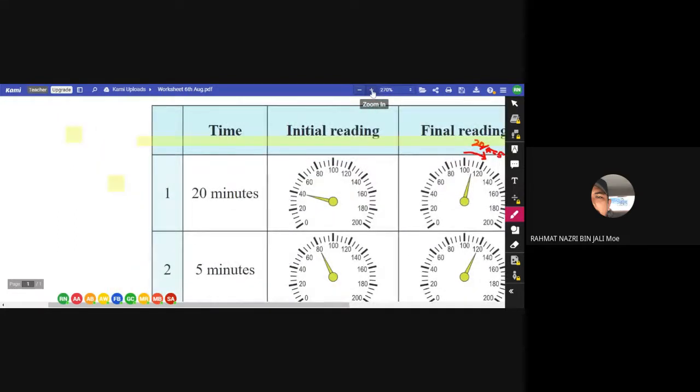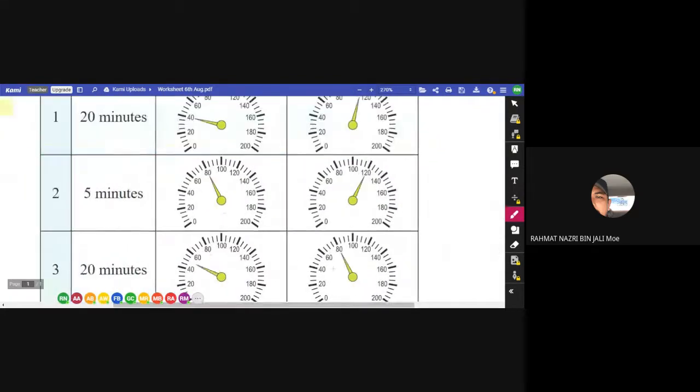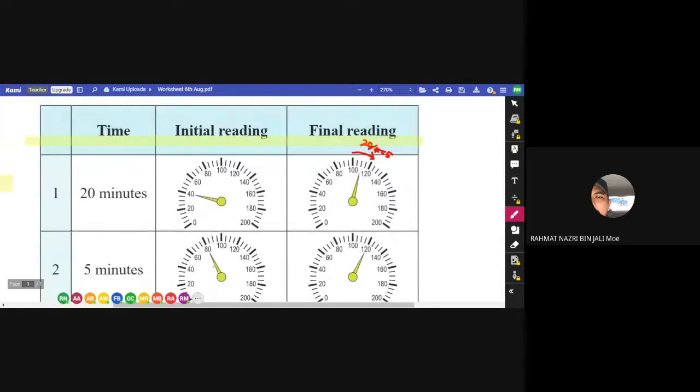Let me zoom in. Okay, the initial reading, we refer to this column. The speedo shows 80, so 80. The final reading is after 5 minutes, so 120.